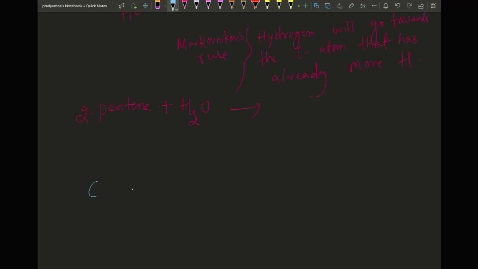So let's draw C, C, C, C, C. 2-pentene, so the double bond is on the second carbon atom, 1, 2, which is here. So let's add hydrogen, so it's going to be CH3. This one, 1, 2, 3, need one more, 1, 2, 3, need one more, 1, 2, need two more, 1, 2, 3, three more. All right, so we're gonna add water to it.